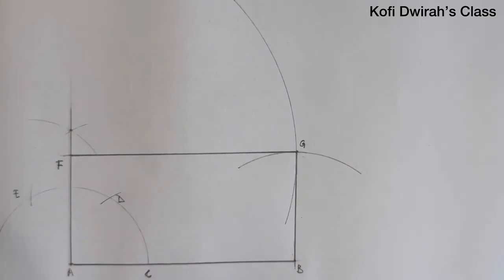Good. Now, this is our rectangle of side AB to be 100 millimeters or 10 centimeters. Then AF or BG is also 50 millimeters or 5 centimeters.